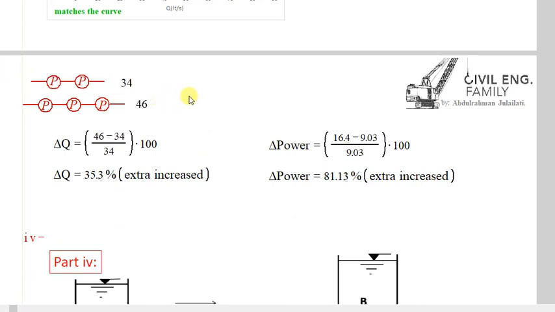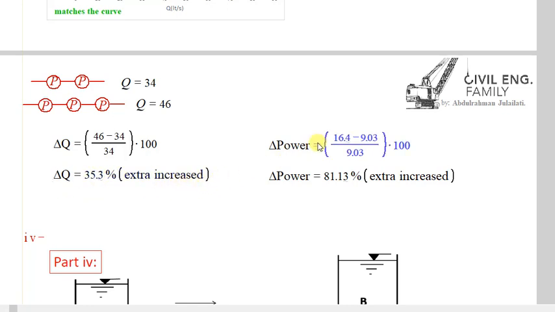For 2 in series, the discharge was 34. For 3 in series, the discharge became 46. So for the percentage increase, we say 46 minus 34 over 34, because this is how we are going in the system. So 46 minus 34 over 34 times 100 gives us an increase of 35% in discharge.